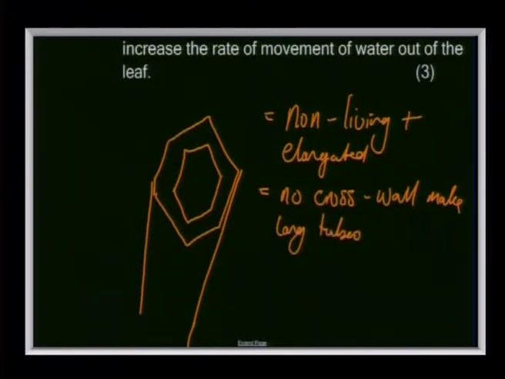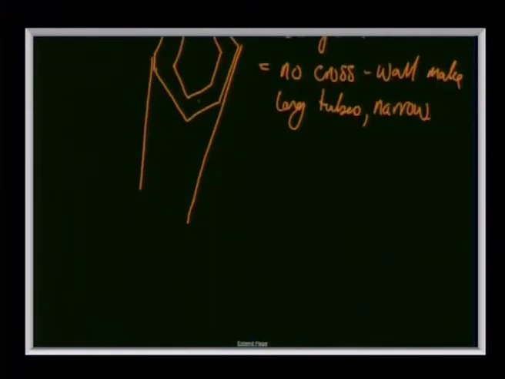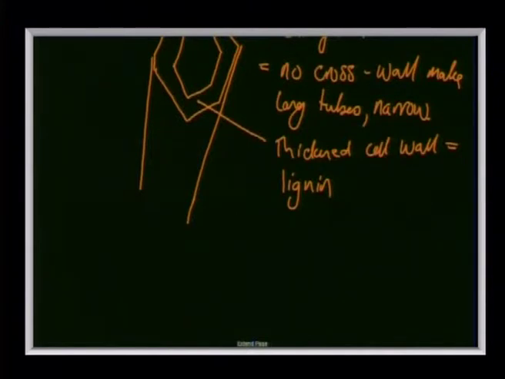And they are narrow. Okay, we have a wall here thickened with lignin, a thickened cell wall, and it's thickened with lignin, which is waterproof, okay, which makes it very strong.